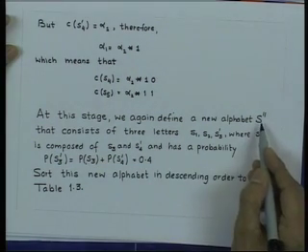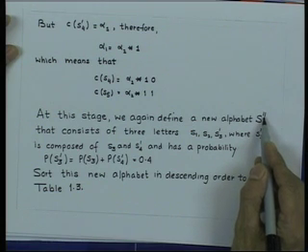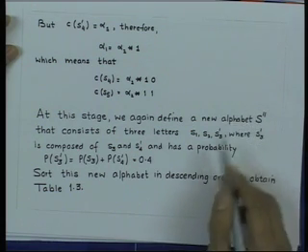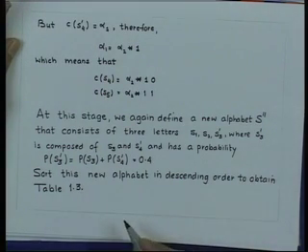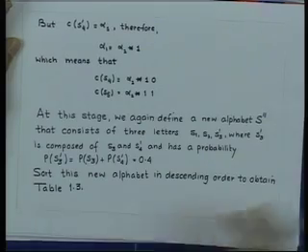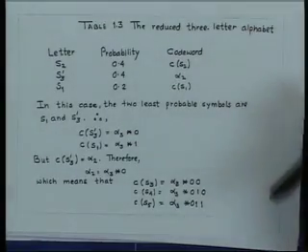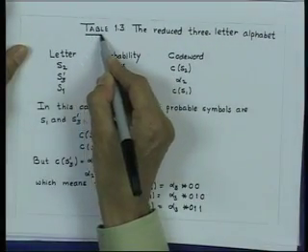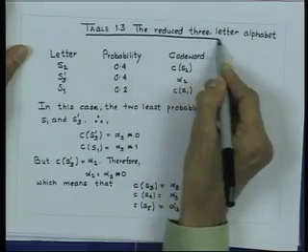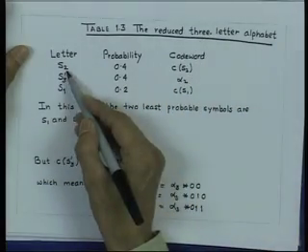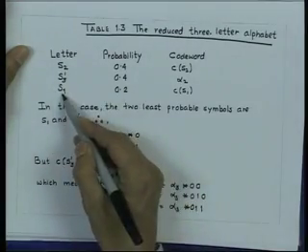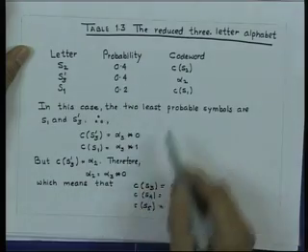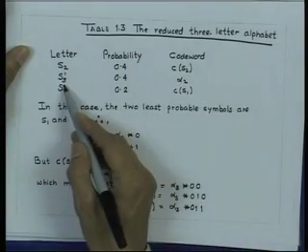Once I reduce this to the new alphabet S double prime with 3 letters, again you sort these 3 letters in descending order to obtain table 1.3. This is the reduced 3 letter alphabet S2, S3 prime, S1. The order has changed because the S1 probability is lower than S3 prime. So, we have changed the order, and we continue with this S3 prime.